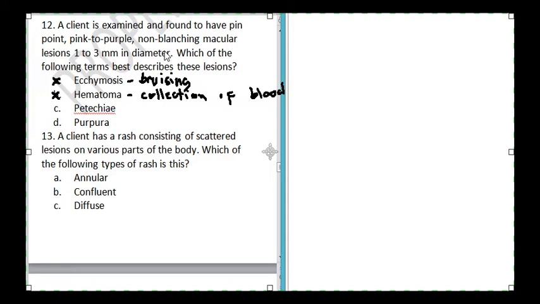So it's not hematoma. So it's either C or D. Answer, letter C. Why? Because purpura is similar to petechiae except that purpura is said to be greater than 1 centimeter in size. Therefore, the answer here is letter C.